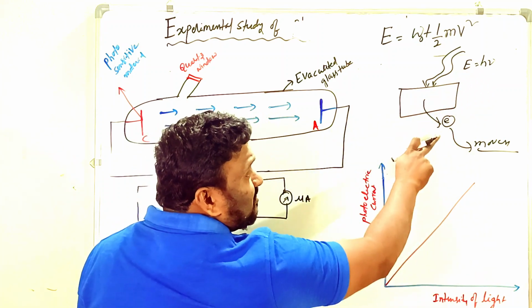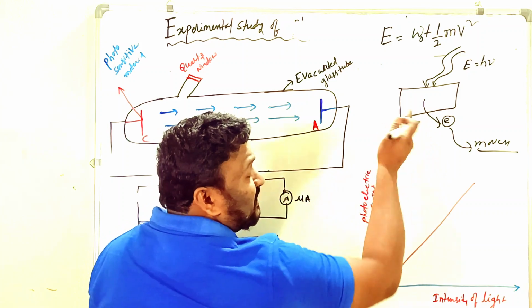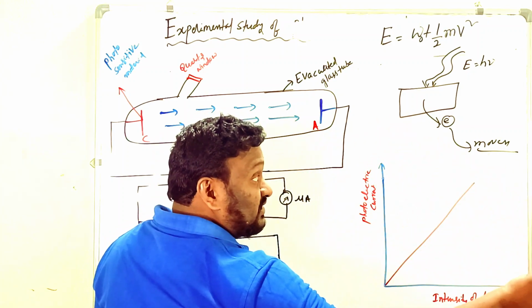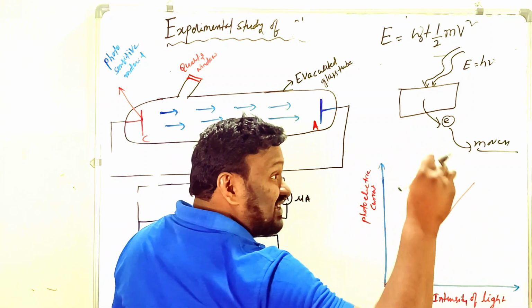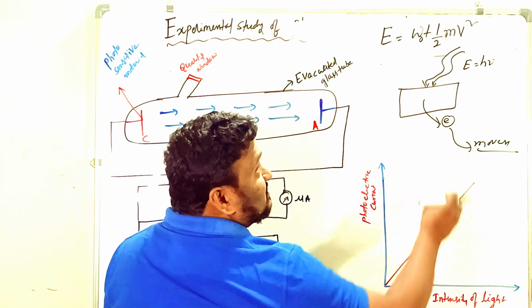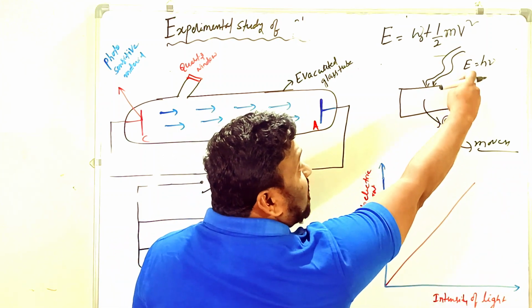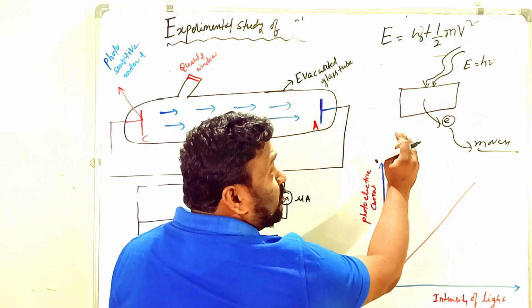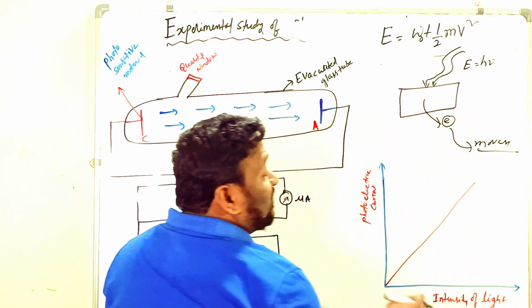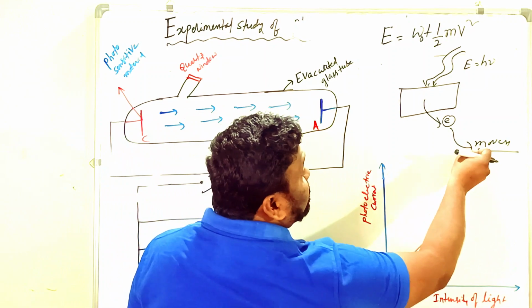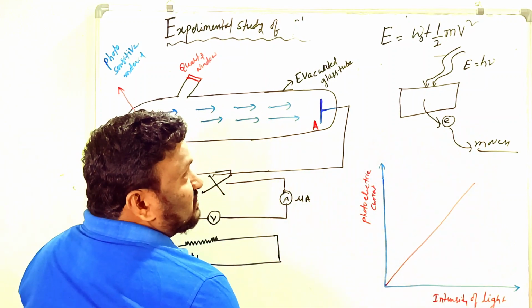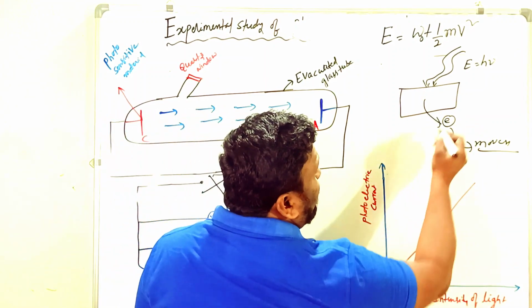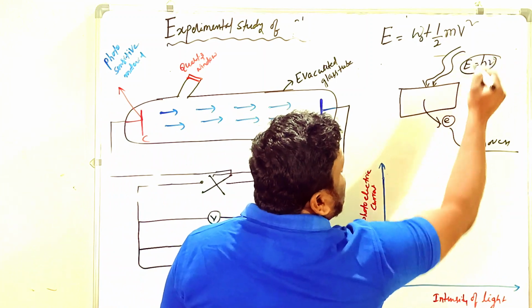The first thing is that the electron is liberated from the metal surface, and not only that, the electron is in motion. That means the energy incident on the metal surface removes the electron, and imparts some kinetic energy to the electron. To understand simply, I am saying now, for example, E is equal to h nu.